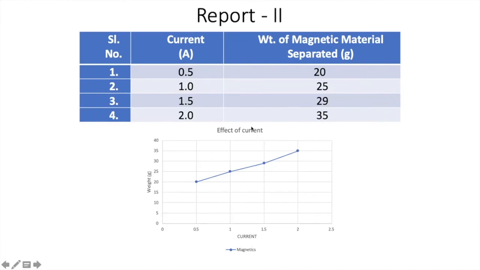This is the report for the second experiment, where we are changing the current values. With increasing current values, you can see the weight of the magnetic material goes on increasing, because with increasing current, the applied magnetic field or the magnetic gradient generated on the induced roll also increases.